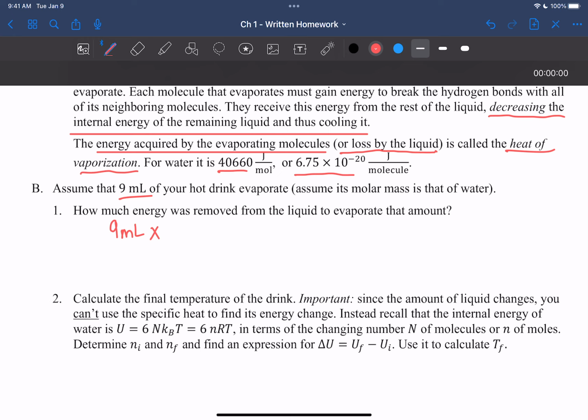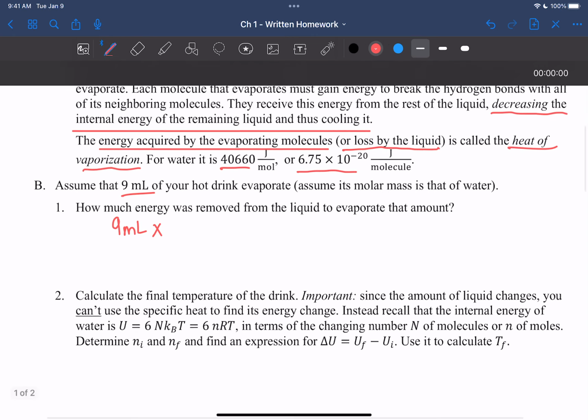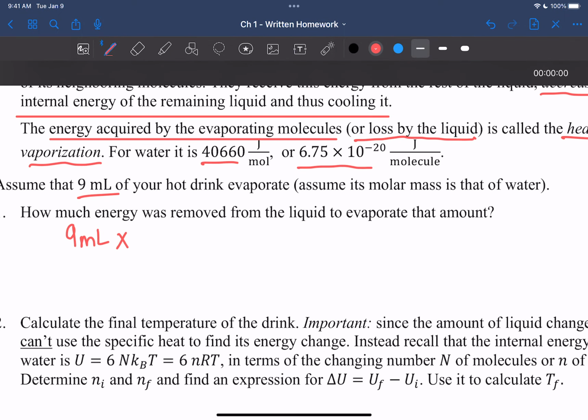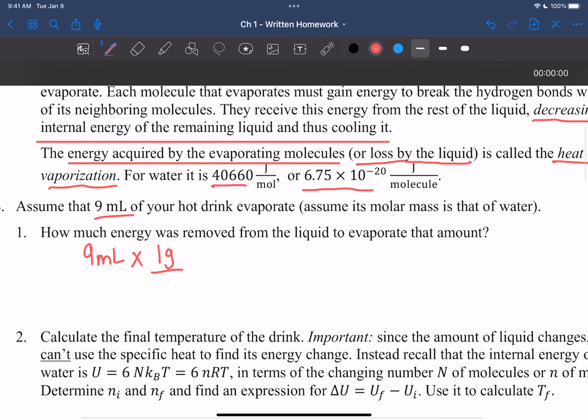And then from the moles, we can get to how much energy we would need to remove from the liquid to evaporate that amount. So if we go from those 9 milliliters, we can use a specific conversion factor, which is similar to the one I explained above. So instead of 1 kilogram divided by 1,000 milliliters, we can say 1 gram divided by 1 milliliter, right?